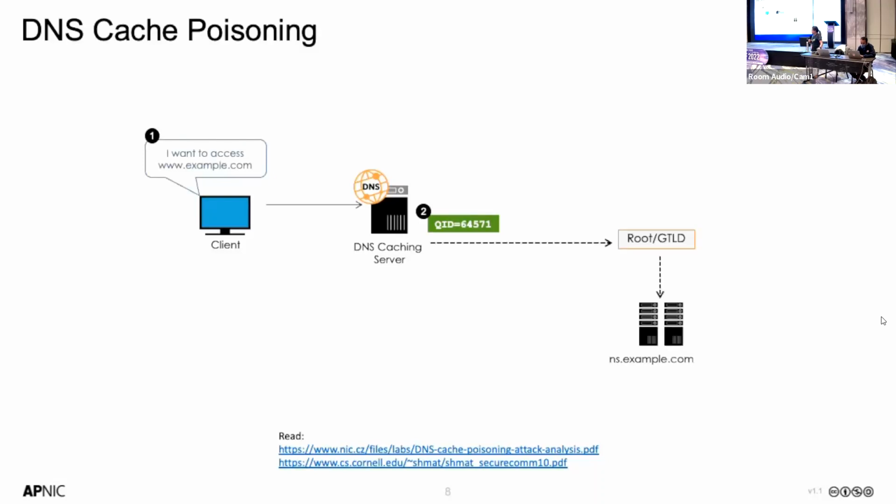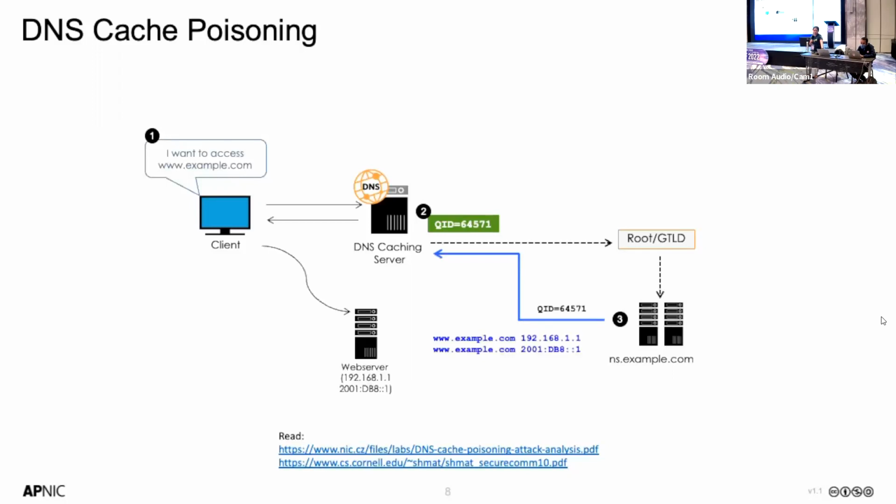This part is your typical DNS query. The client goes to the DNS recursive server. The recursive server performs a recursive query from the root until it finds the authoritative name server, and that will be able to give the answer, which is the IP address in this case, with the corresponding query ID. Now, with DNS cache poisoning, you have a fake, malicious user that wants to give wrong information to the cache, like so.